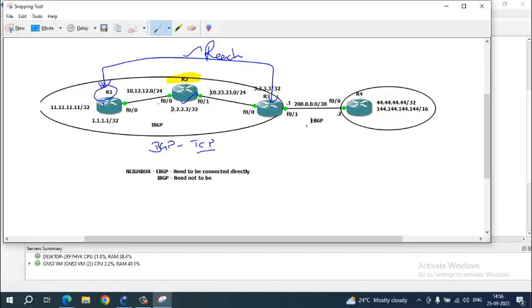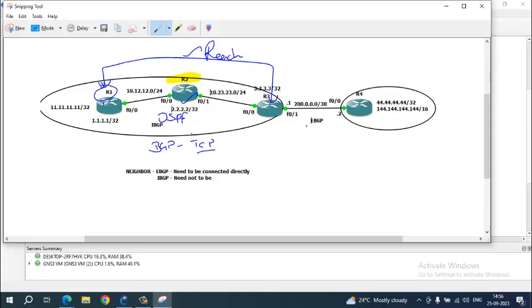Now, if R1 needs to ping R3, what is needed? OSPF, or some IGP protocol. Any one of the IGP protocols, or a static route. There should be some way to tell R1 how to reach R3 to negotiate this TCP BGP packet.